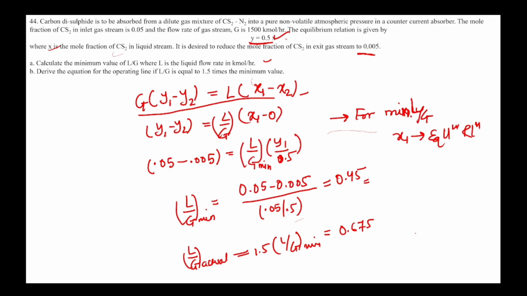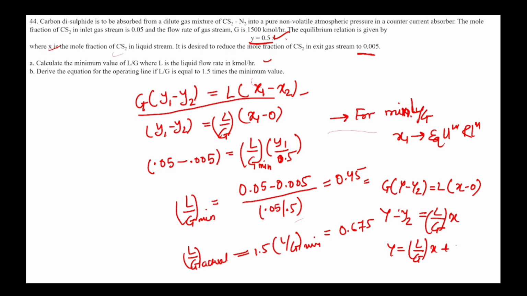So in this equation, G into y minus y2 is equal to L into x minus x2, where x2 is 0. So L by G times x, and y minus y2. So y is equal to L by G x plus y2, which is 0.005.